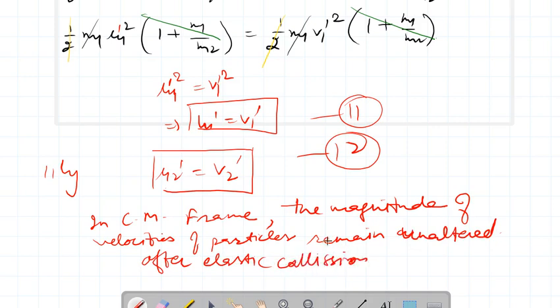So when we look at the system in the center of mass frame, the velocity of the incoming particle remains the velocity of the scattered particle, and the velocity of the recoiled particle, right? So they will remain the same. Unaltered means they will remain the same. So this is all about this lecture.